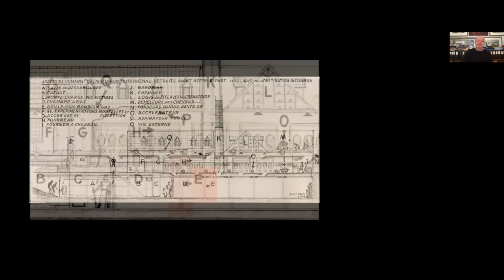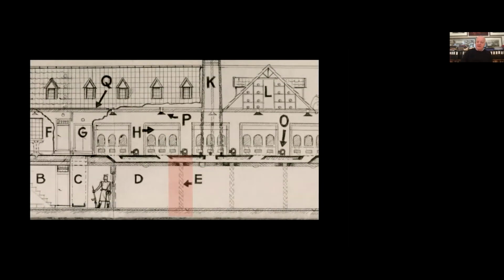And what you see here are the gas columns, number E. He calls it grille pour bombe à gaz. So it is a wire mesh structure that he shows. And so again, visual evidence, eyewitness testimony, of course, but now drawn. You see above it the incineration room.